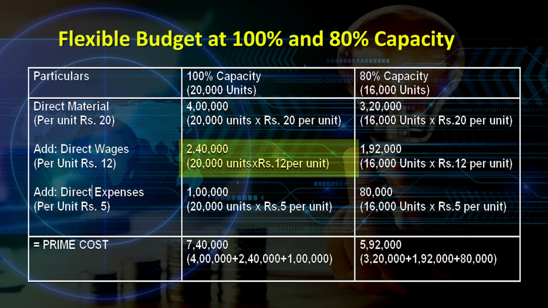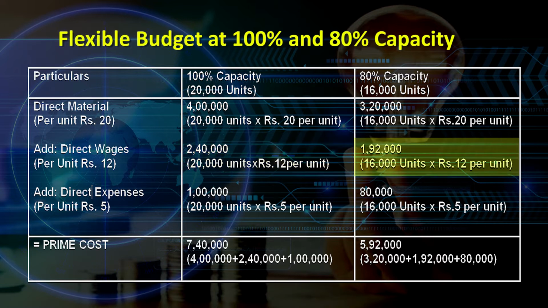Accordingly, in the second column, let us put the direct wages for 20,000 units, which will be 20,000 units multiplied by rupees 12 per unit, rupees 2,40,000. In the third column, let us put the direct wages for 16,000 units at rupees 12 per unit. It calculates to rupees 1,92,000.